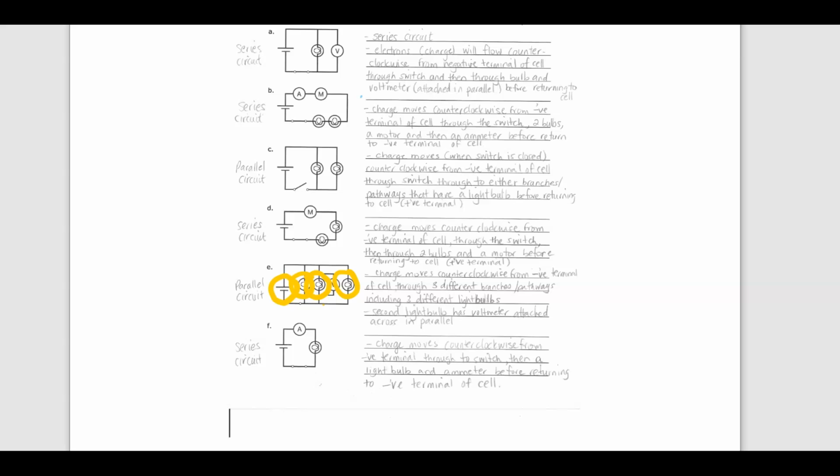So basically more current is being drawn from that cell. And that is different from the series circuit, in which those bulbs, as you add them, they create resistance and they will become dimmer. The more bulbs you add, the bulbs will become dimmer and dimmer. Okay, and that's hopefully what you saw in your Gizmos activity. And I wanted to just explain that to you.